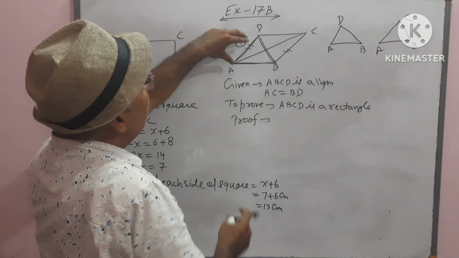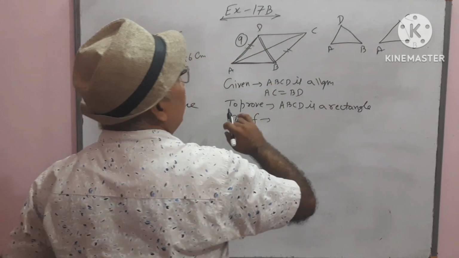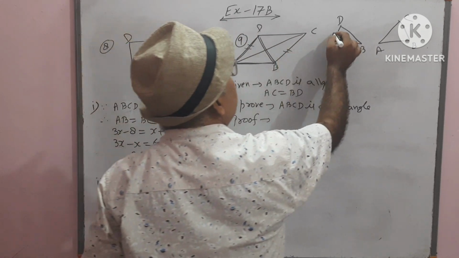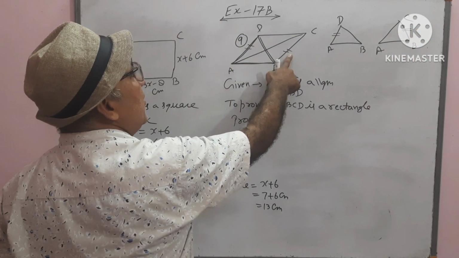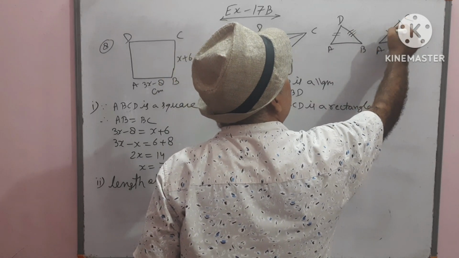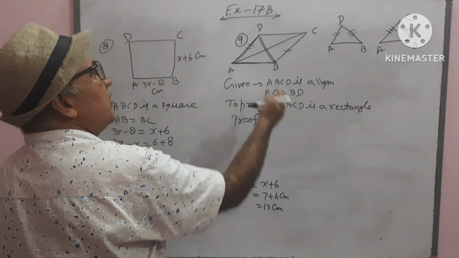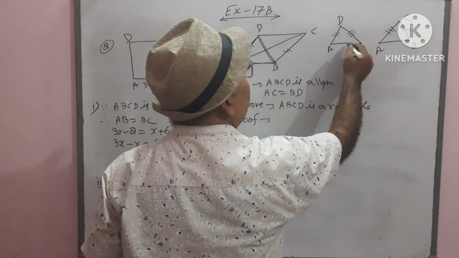If we divide here, ADB is one triangle and ABC is another triangle. AD and BC are equal because these are the opposite sides of a parallelogram. BD and AC are given in the question because they are the diagonals, and AB is common in both.